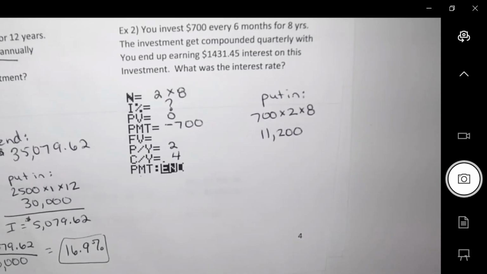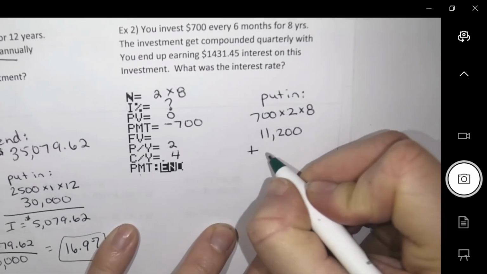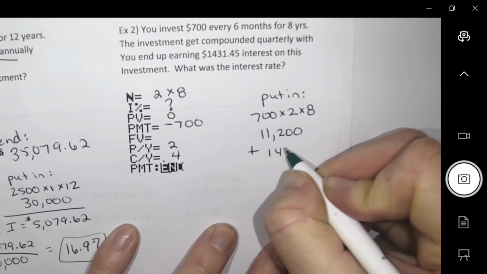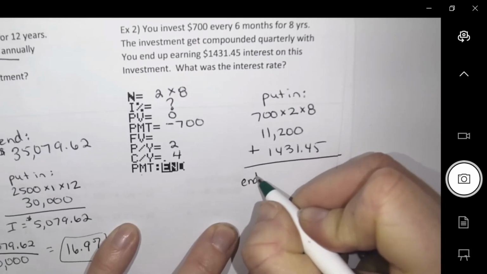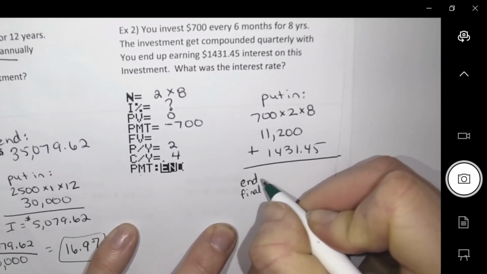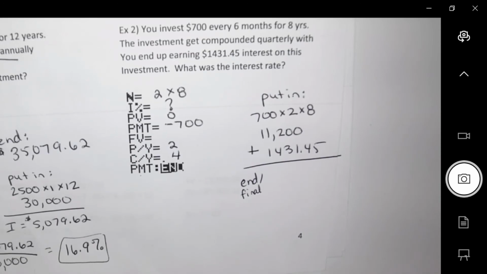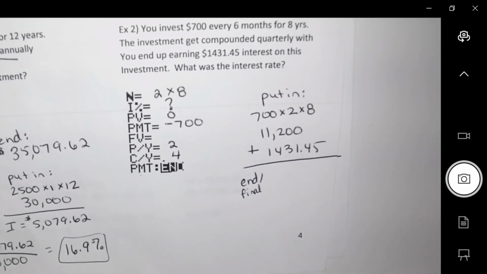Does that make sense? And then it told us our interest. So if I say, what did I put in, how much interest, that would be my final number.